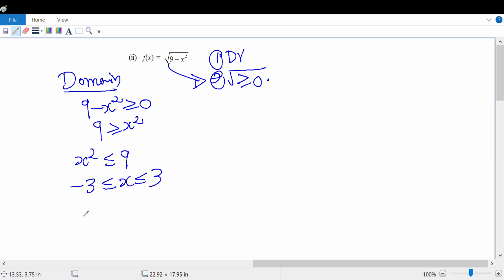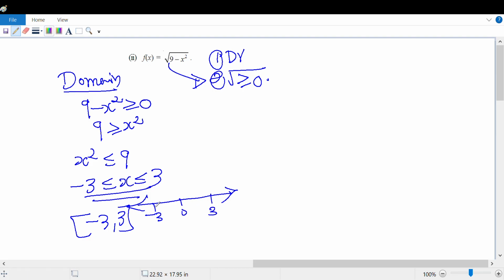Writing this inequality in closed interval form, it will be minus 3 comma 3, because on a number line, with minus 3 here, 3 here and 0 here, less than or equal to is there at both places, so we will take both endpoints. That's why this is the closed interval minus 3 comma 3.